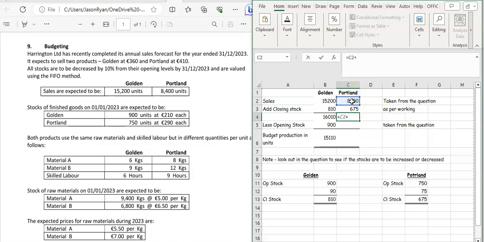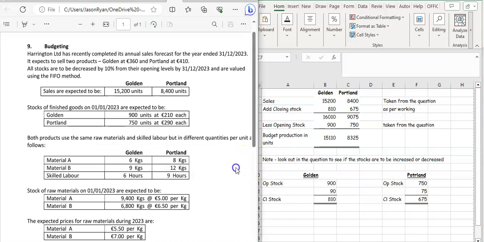So you need to add that to 8,400. Then you take away our opening stock, which is 750. So that means that we need to produce 8,325 units of Portland.